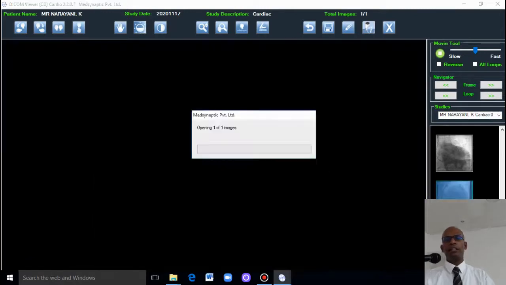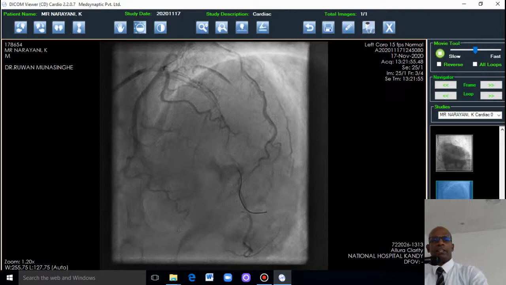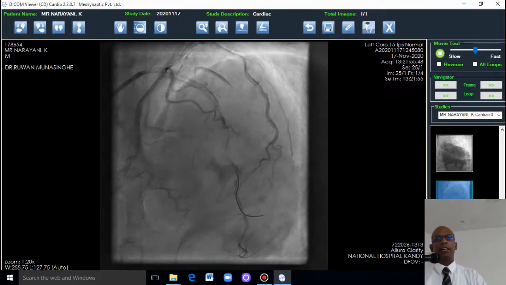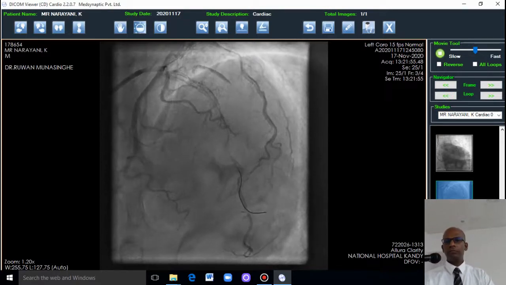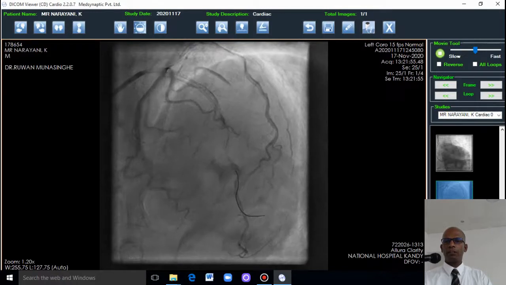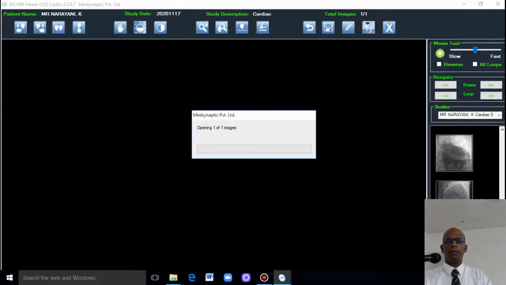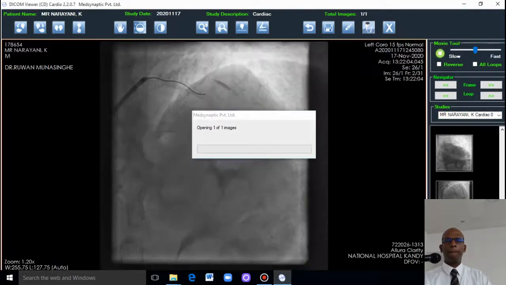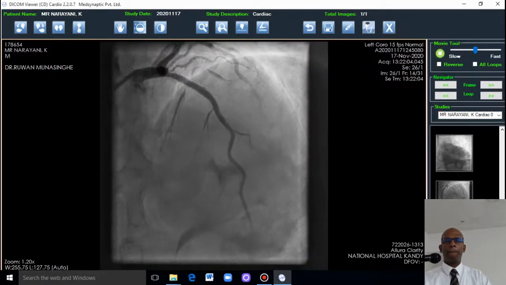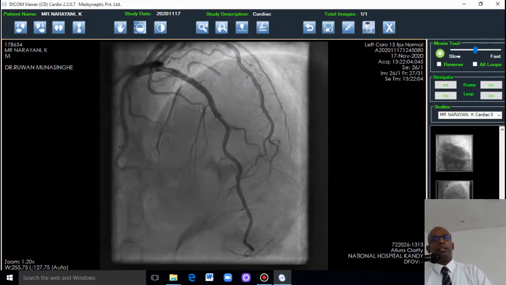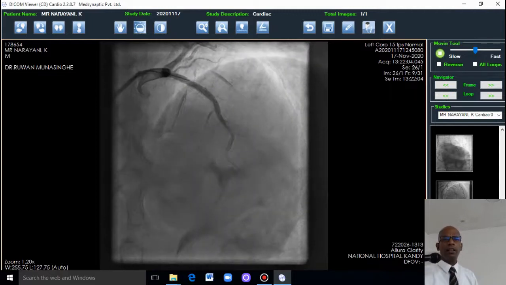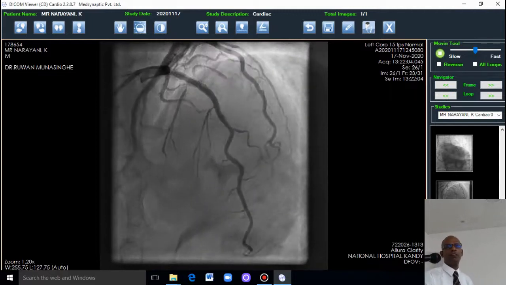This patient was wired first initially, and later that area was stented.